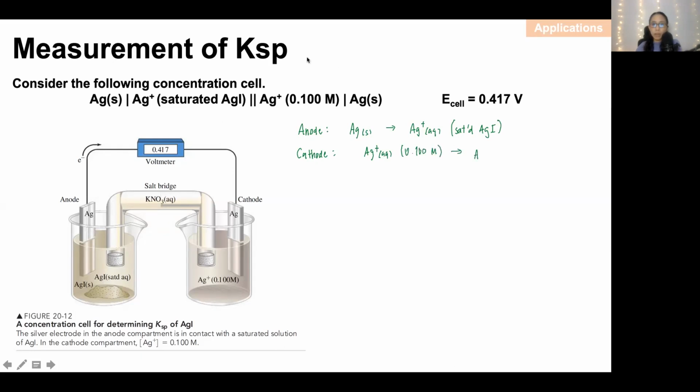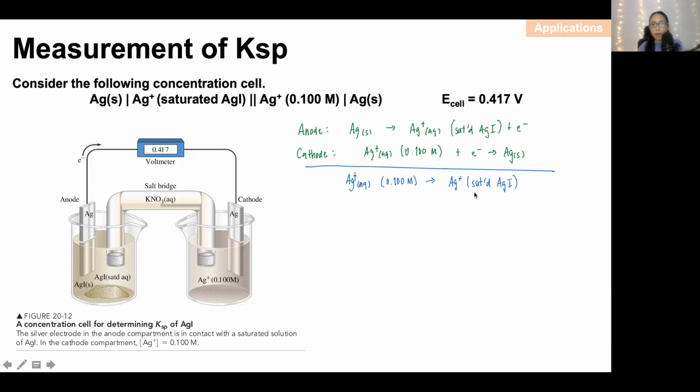And then this gains 1 electron, producing solid silver. Okay, so the net reaction is you have silver ions in your cathode as your reactant and silver ions in your saturated solution as your product.